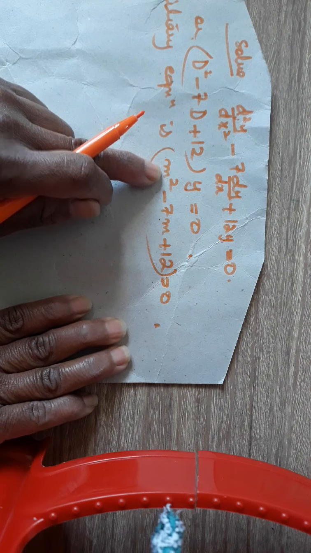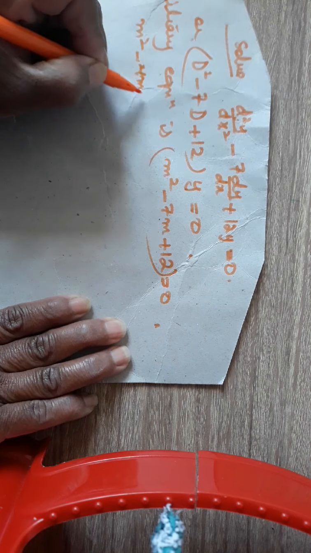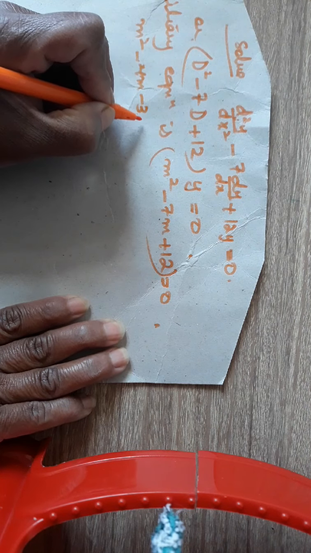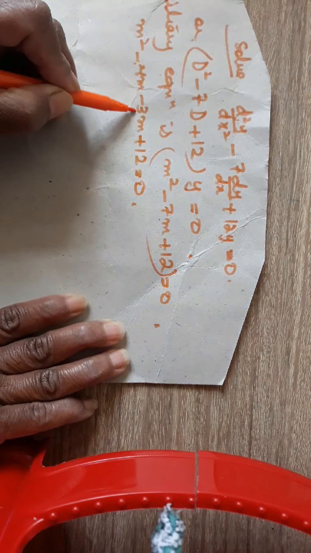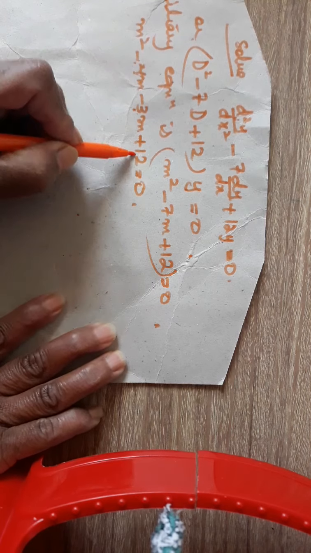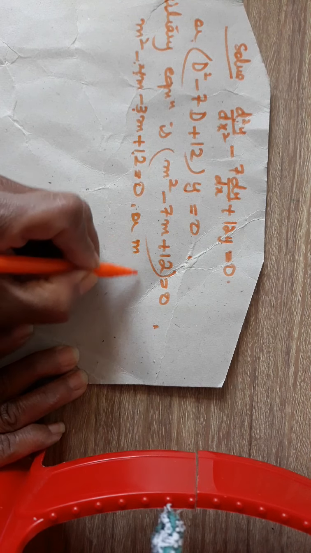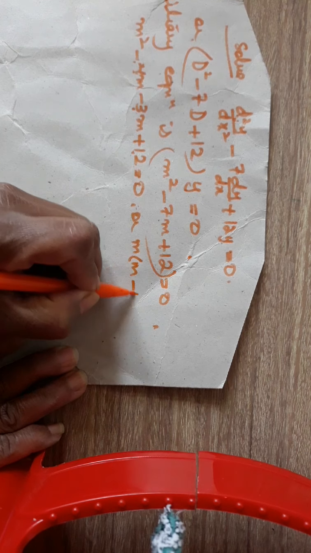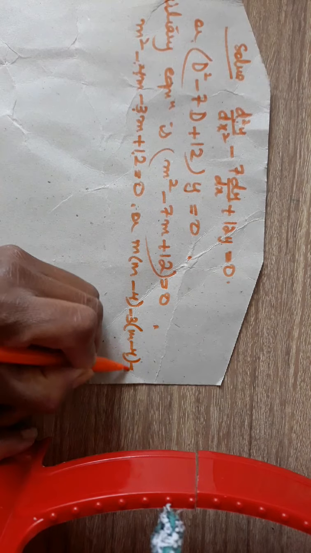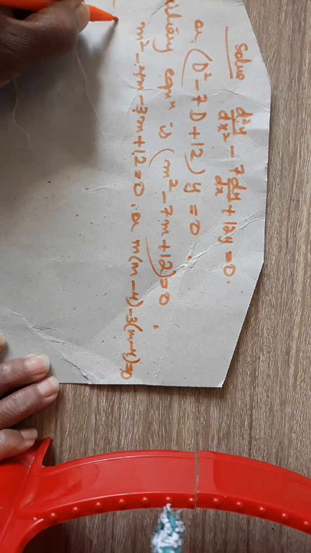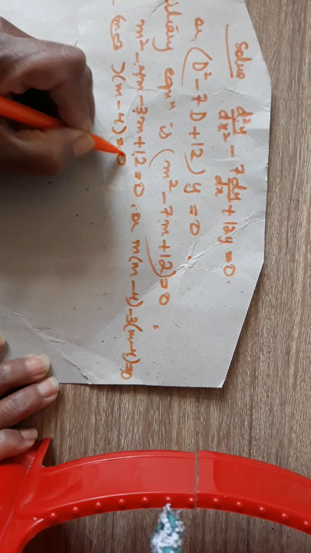Instead of x we have m, so you can write this as m^2 - 4m - 3m + 12 = 0, because -4 times -3 gives you 12. Or m(m - 4) - 3(m - 4) = 0, or (m - 3)(m - 4) = 0.